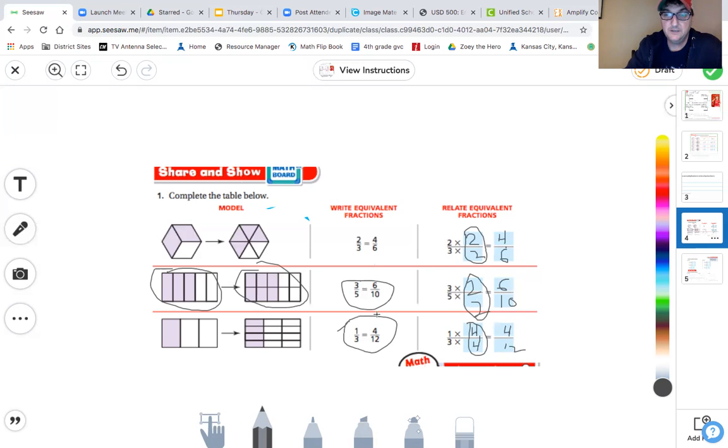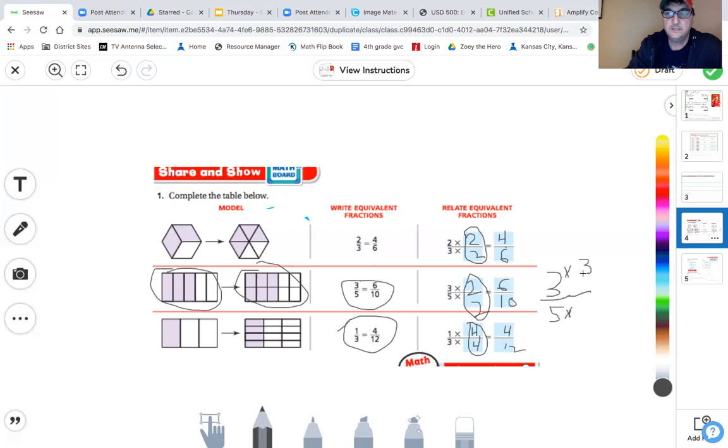If you hadn't noticed it, I'll just tell you, look, you multiply the numerator and the denominator by the same number, and you get an equivalent fraction. Same thing here. All right? So it could be any number. Let's do 3/5 again. Let's say we multiply both the numerator and the denominator by 3.